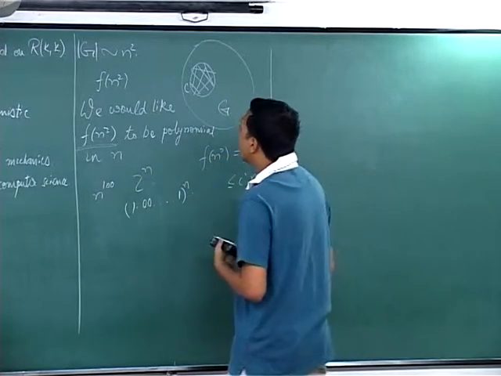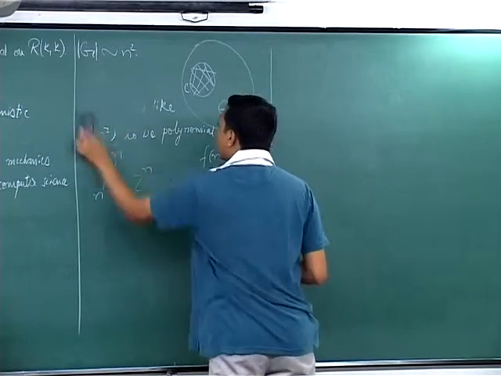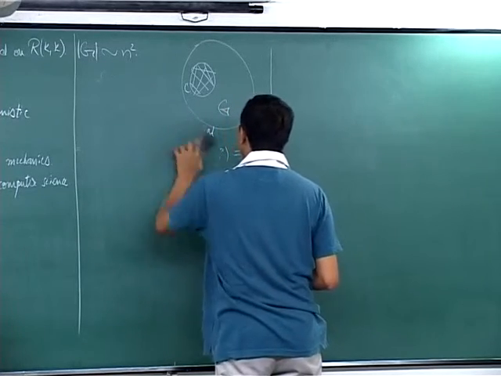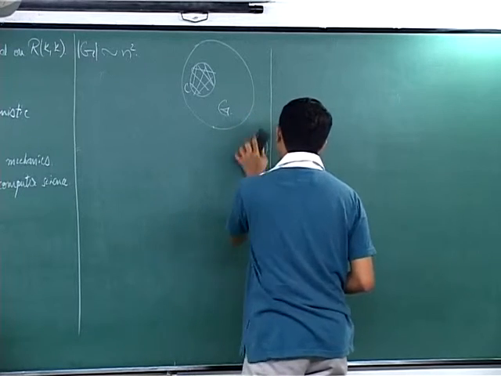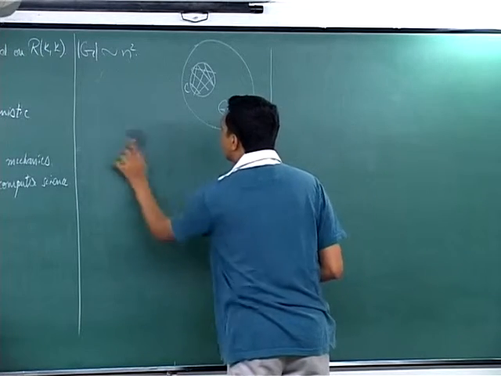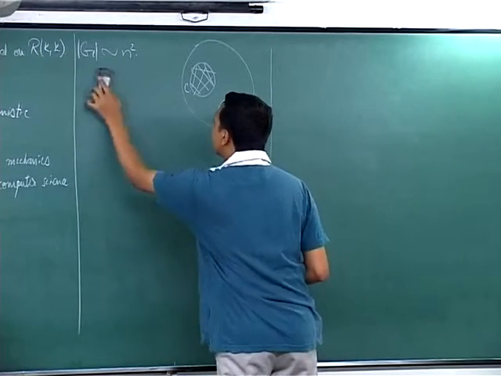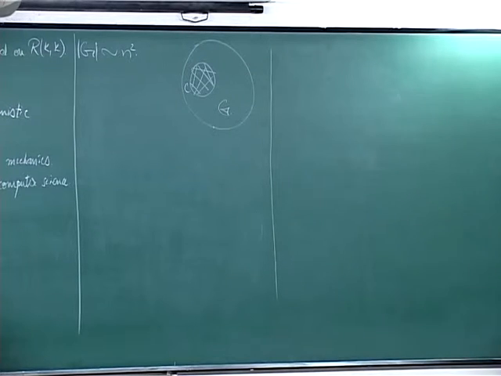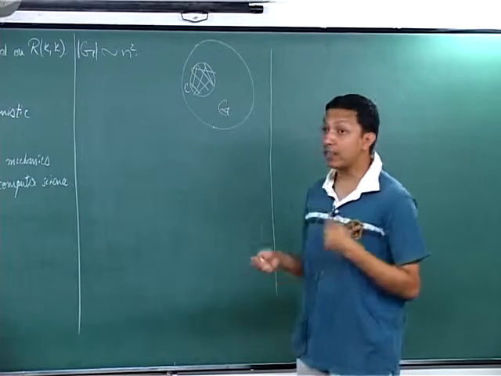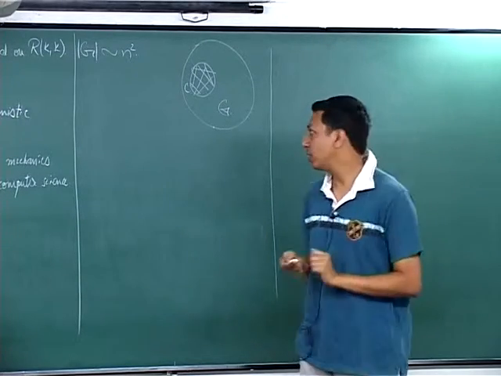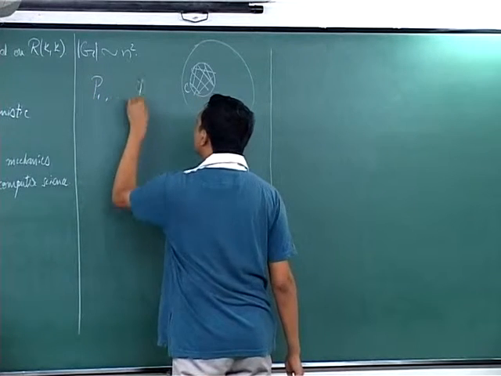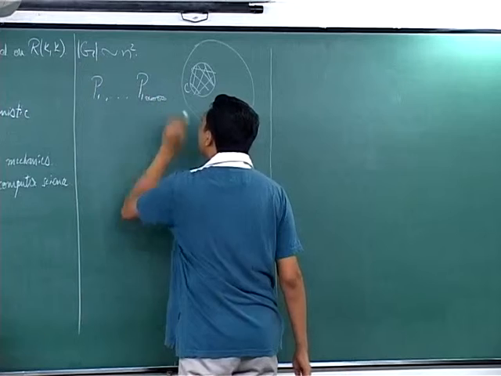Now the problem is that with a huge number of problems, like there are thousands of problems on graphs or in general, it's highly unlikely that you would ever find such an algorithm. What has been shown is that they are all connected in the sense that there are many such problems, let's call them P1 to P10,000 or whatever.